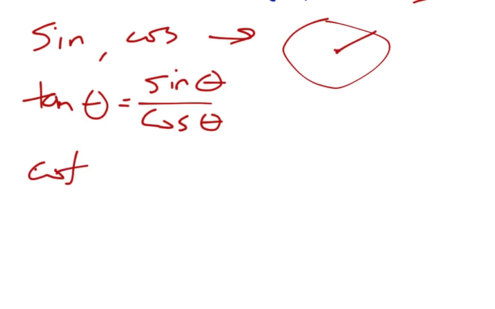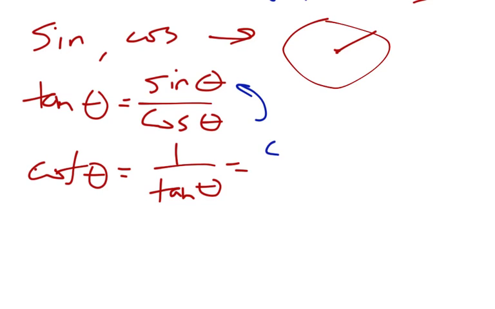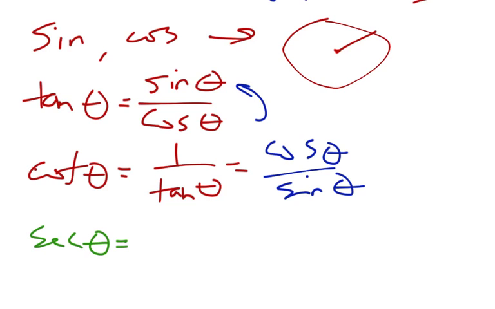Your cotangent, there's two ways: 1 over tangent of the angle, or the opposite of this, cosine over sine. Then we have secant. Like I said, think of the other letter. So secant is opposite to cosine, so it will be 1 over cosine theta.